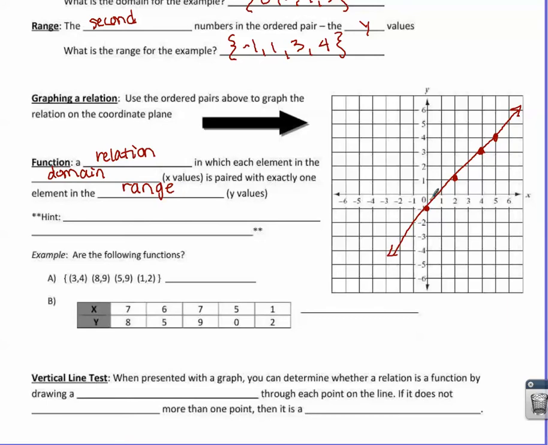So when I go to plot 2, 1, there's only one X that goes with that Y. An easy way to remember that is that the X value cannot repeat, but the Y values can.